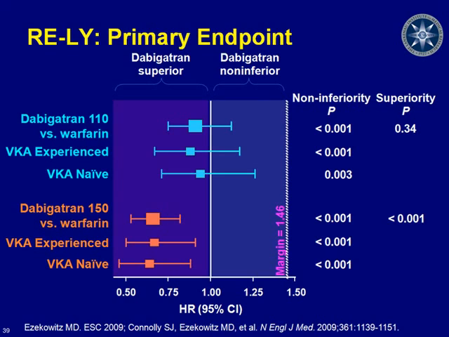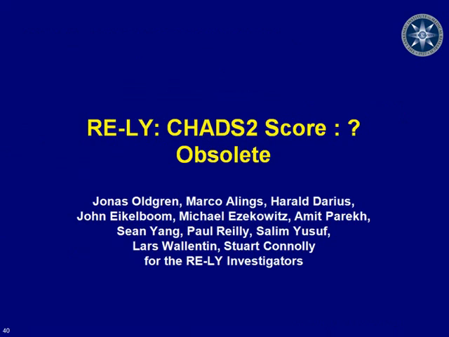This was a surprise. It certainly exceeded expectations and is highly statistically significant. Next slide, please. Now, I'd like to spend a moment talking about risk stratification and the benefit of Dabigatran by risk.